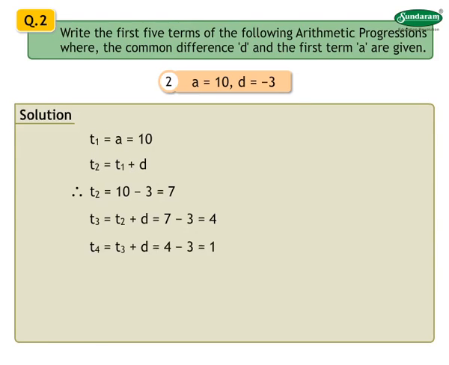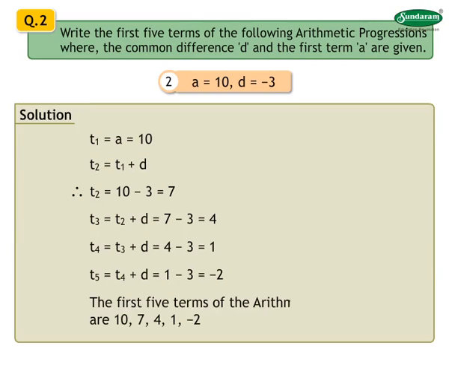T4 is equal to T3 plus D is equal to 4 minus 3 is equal to 1. T5 is equal to T4 plus D is equal to 1 minus 3 is equal to minus 2. The first 5 terms of the arithmetic progression are 10, 7, 4, 1, minus 2.